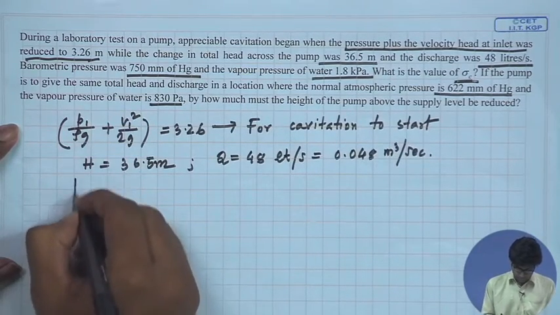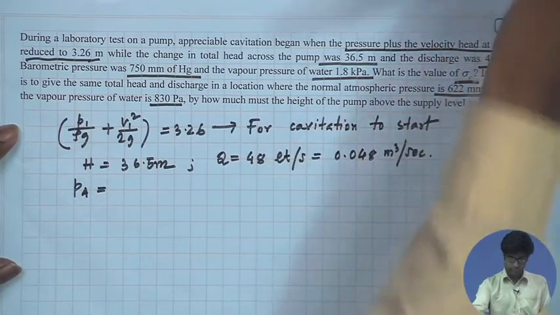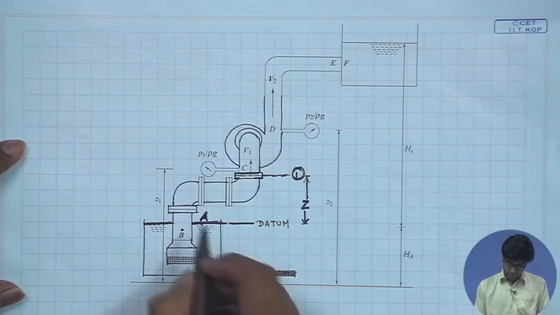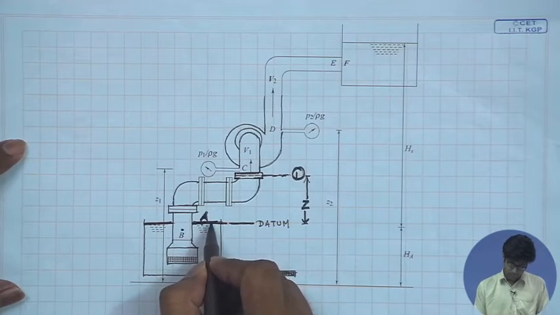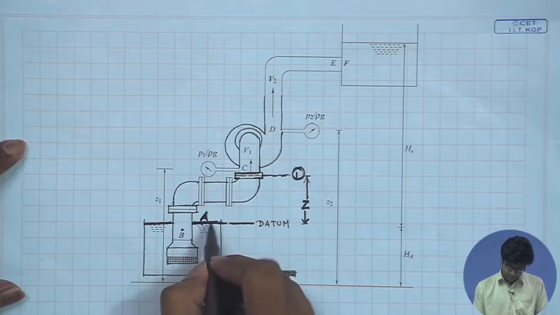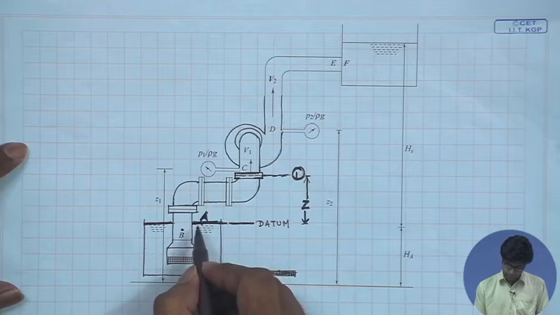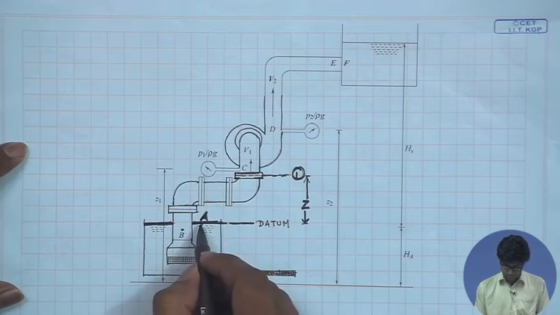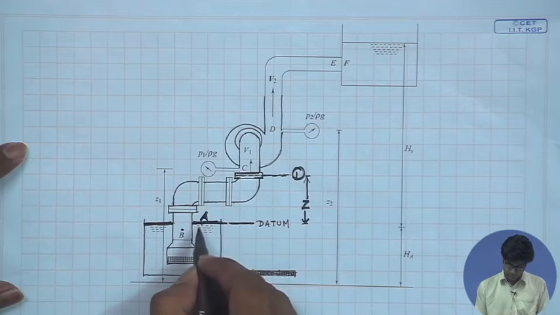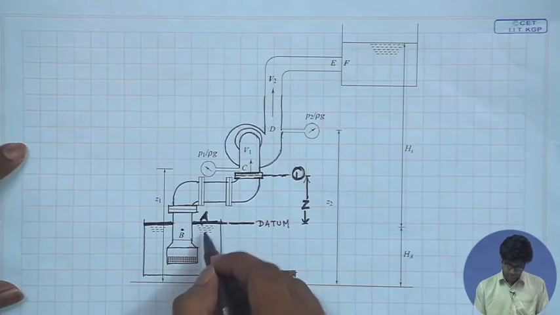The atmospheric pressure is given, and we note that since this is exposed to the atmosphere, the pressure head at this section is actually the atmospheric pressure itself. Another point to note is that at the reservoir the water is almost stationary, so the velocity head at this portion is also 0.